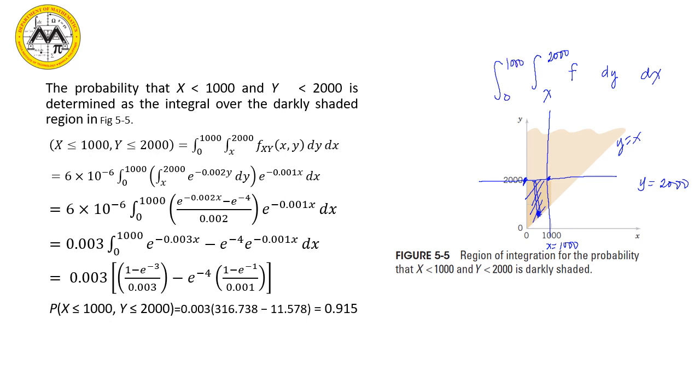That is why we have the integral from x to 2000 and then from 0 to 1000.